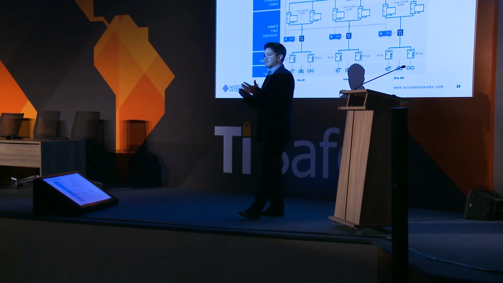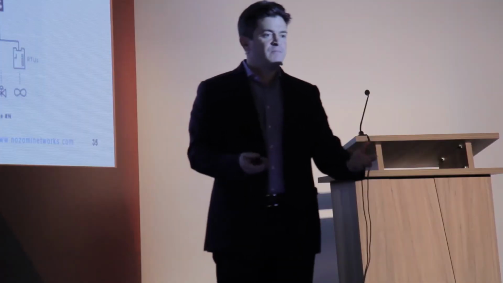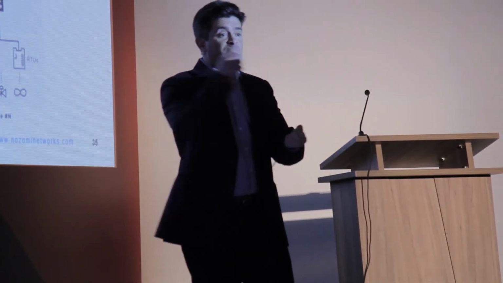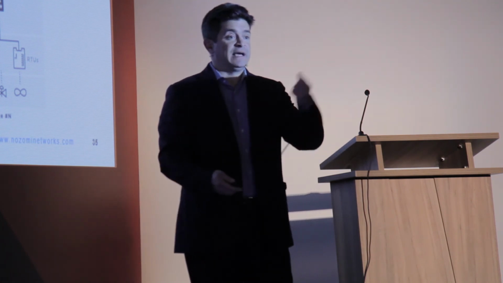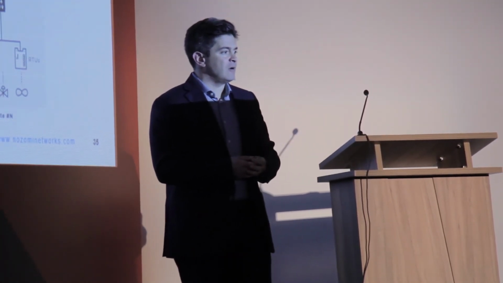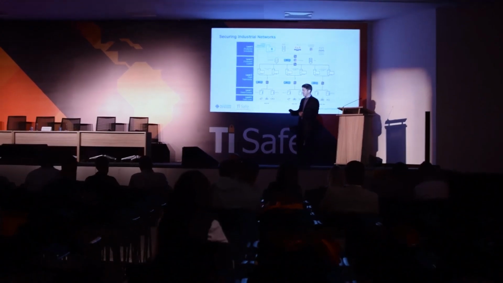A SIEM has no context with your industrial process. You need to be able to tell the SIEM, the furnace is at 400 degrees, and that is abnormal for this particular phase in the process, and it's outside of the learning. So the SIEM can now start incident response with context.